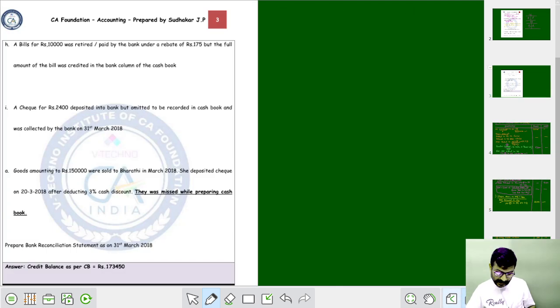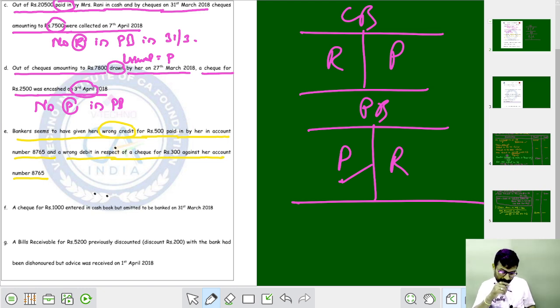Try to understand this concept once again, my dear kids. See here. Banker seems to have given a wrong credit here. What is our account number? 5678. This is our account number. Banker seems to have given, in this account, account number 5678, a wrong credit of 500. The credit should have been given to 8765.